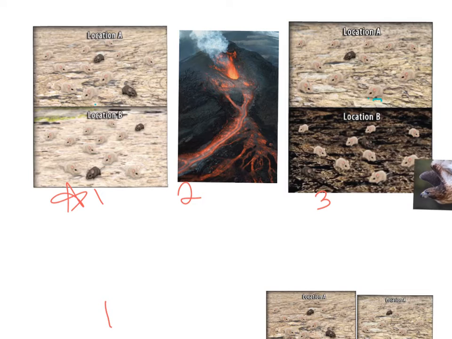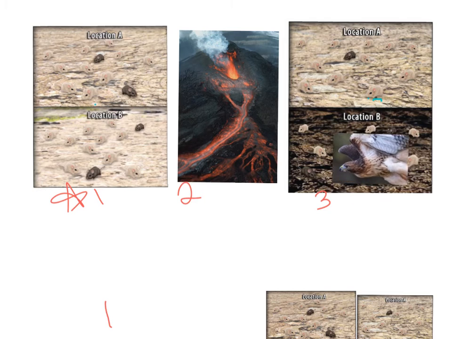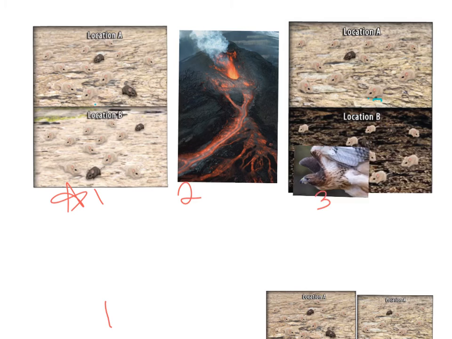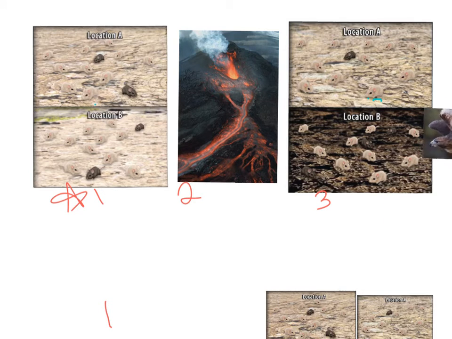But if I'm a predator and I'm flying over location B, those dark mice now blend into that background and the light mice stand out. So if I asked you in location B, which mouse is more fit, you would probably now tell me that the dark mouse is actually more fit. So that volcanic eruption changing the background of that desert really changed the fitness of those white mice.